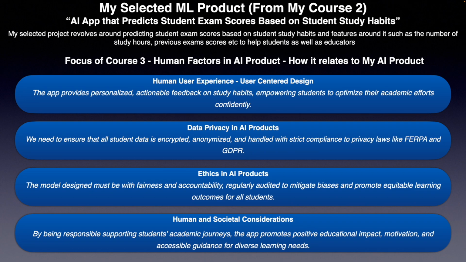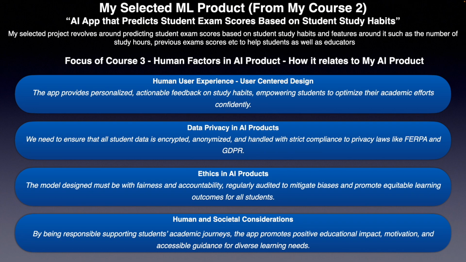And we also need to ensure that all student data is encrypted, anonymized, and handled with strict compliance to the privacy laws of FERPA and GDPR, as applicable in such a product being used and catered to the US population, where FERPA will be applicable, as well as the European population, where the GDPR privacy laws will be applicable.